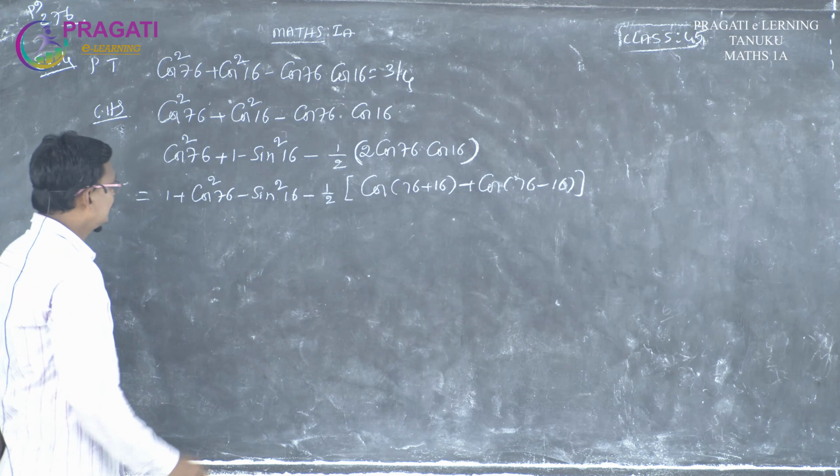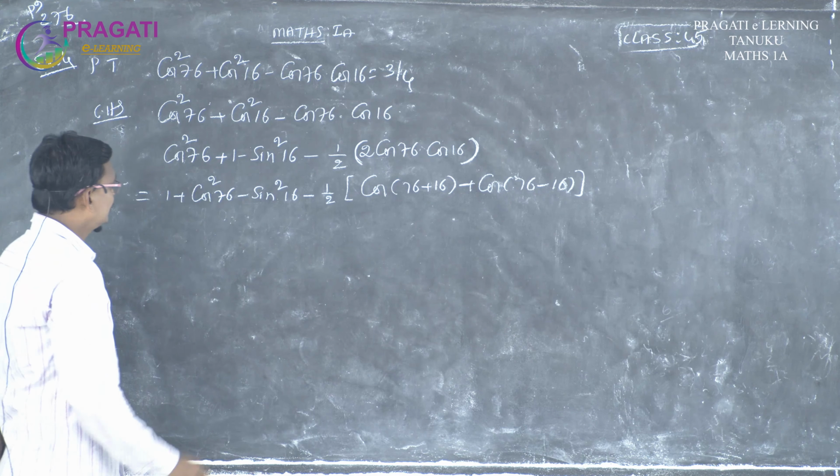Now here, 1 plus this is another formula. Just now I told you, cos² a − sin² b is the formula cos(a+b) · cos(a−b). So this part is over.